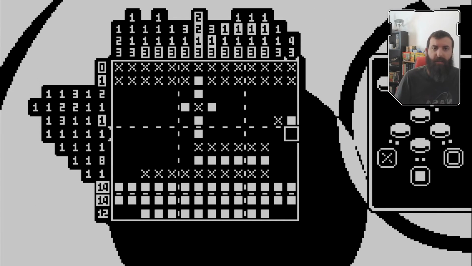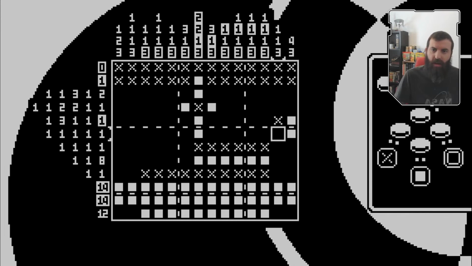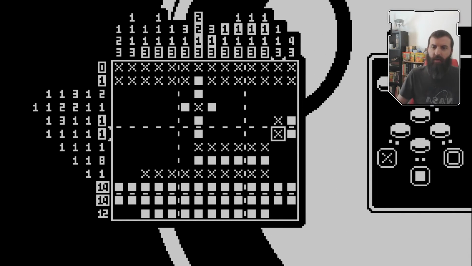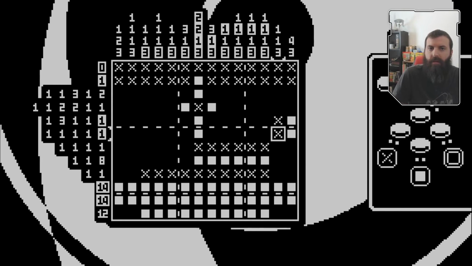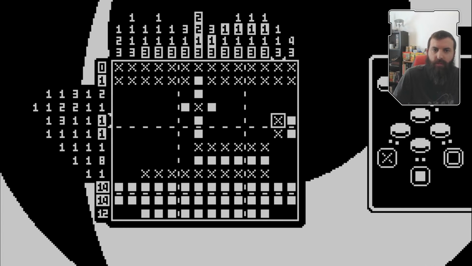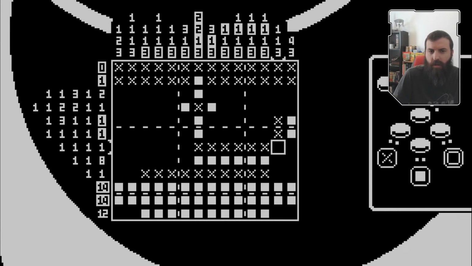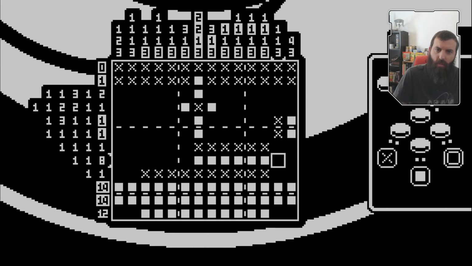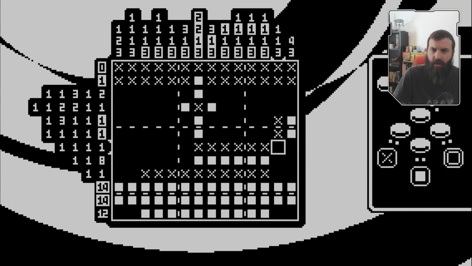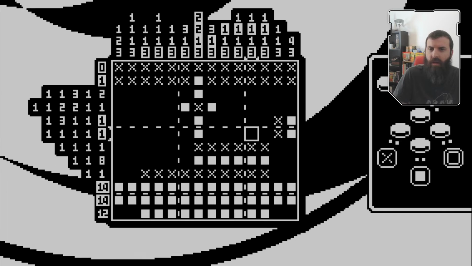That does actually help us, because that tells us that our 4 here has to be there. We can go ahead and X that out. That's narrowing the possibility space for this column. We're not quite to the point where we can do anything else, but we're close.